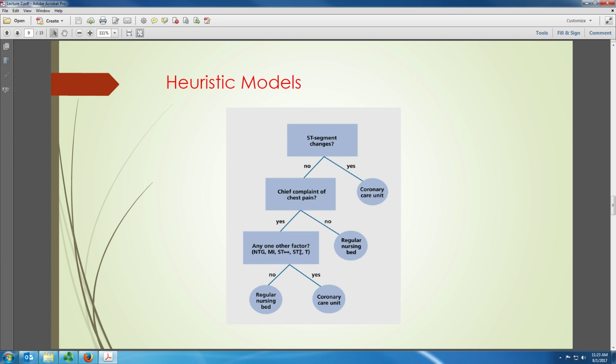And if the answer is yes for any other factor, then take the person to coronary care unit or take the person to regular nursing bed. So that's heuristic model. I mean, you make a guess here. Maybe this person does not have a serious problem. Or it sounds like the person has a serious problem and has to be taken to an emergency care unit. So you make educated guessing.